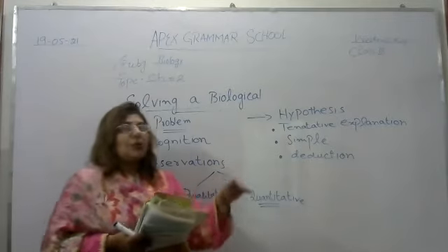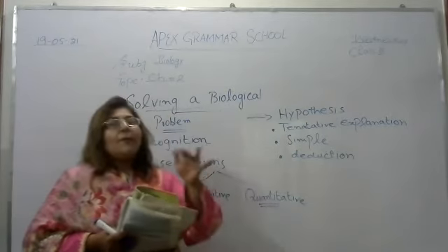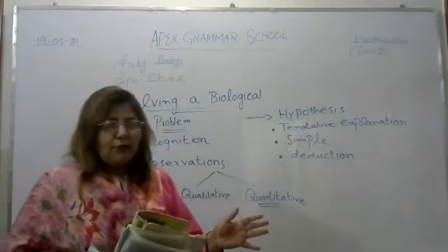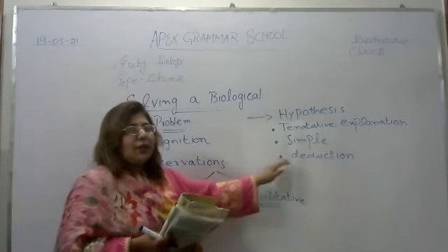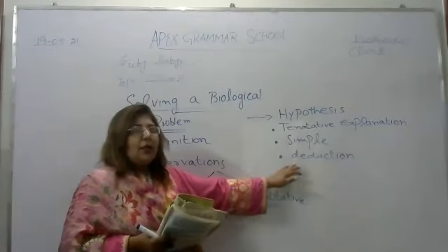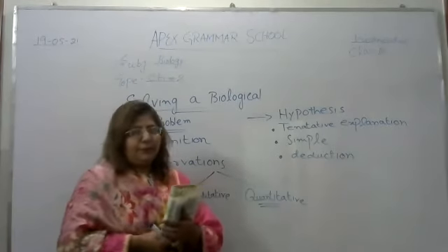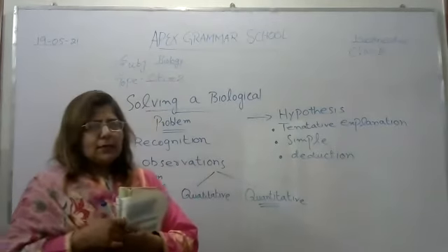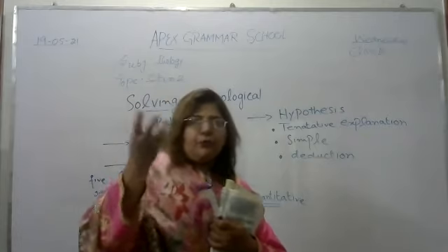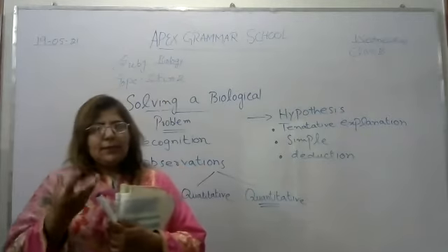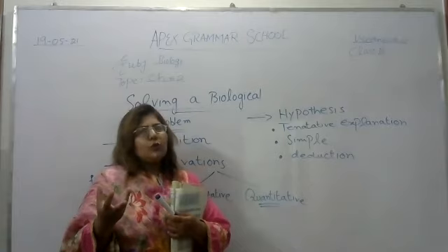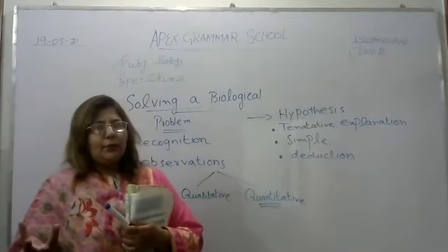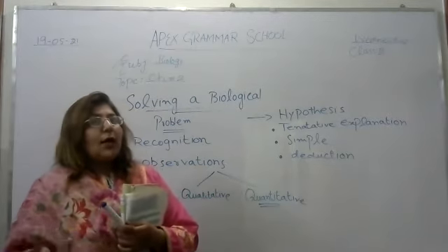He just saw the sparrow and said that other birds also have wings. So deduction is when we guess anything from one thing. For example, a person has seen an apple and he said that other fruits are also like an apple. This is called deduction.